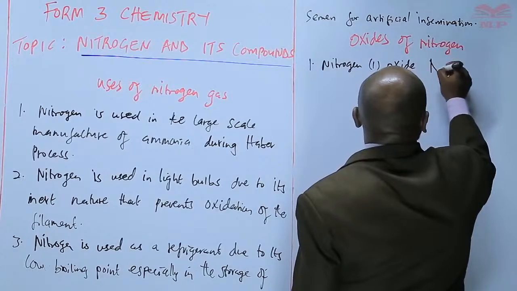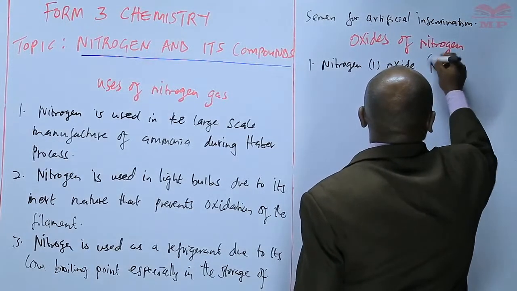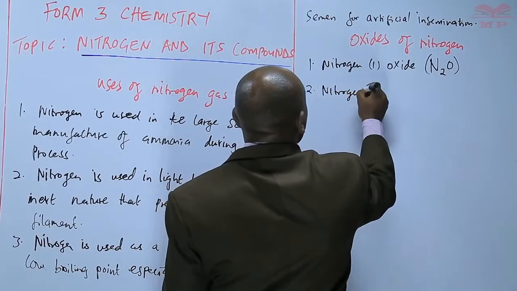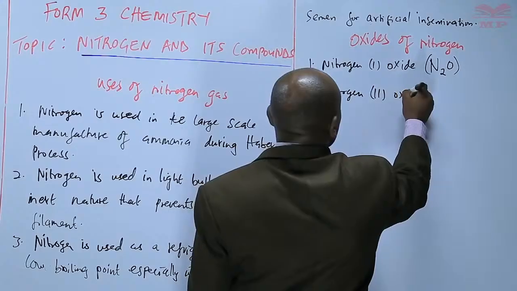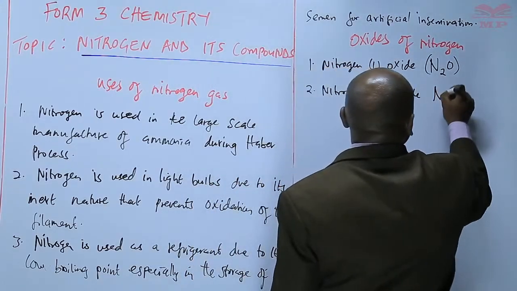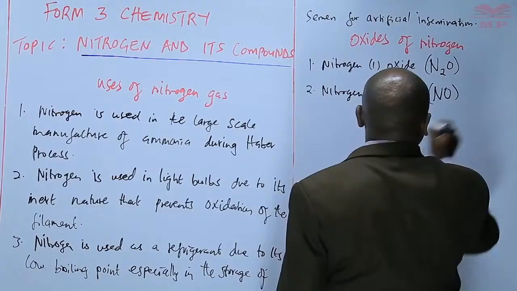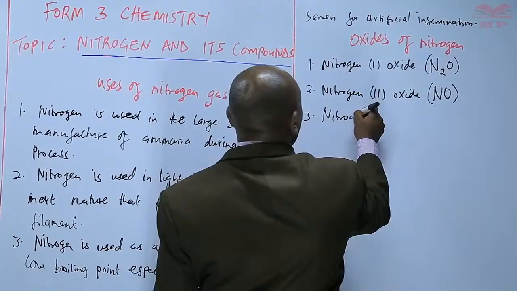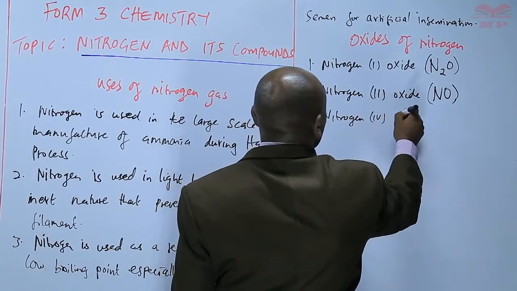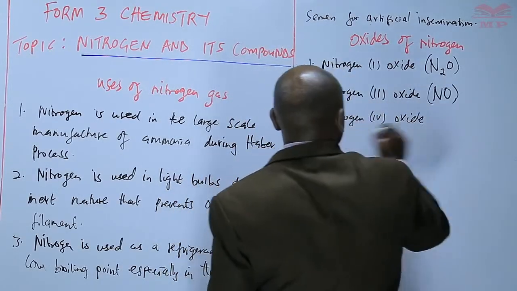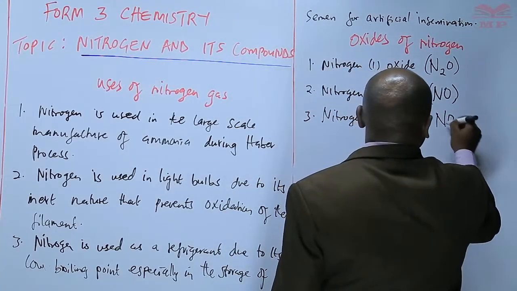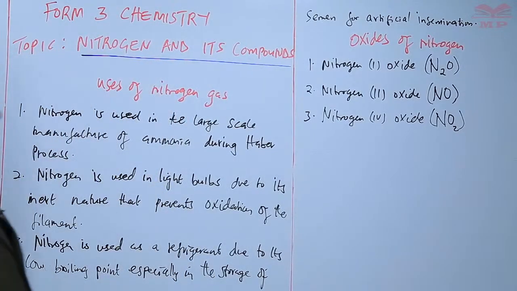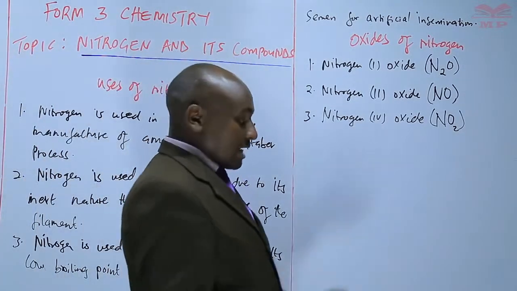So we have nitrogen 1 oxide, whose formula is written there. We also have nitrogen 2 oxide, whose formula is indicated there. And then we have nitrogen 4 oxide. Basically those are the oxides of nitrogen that we have, compounds of nitrogen and oxygen.